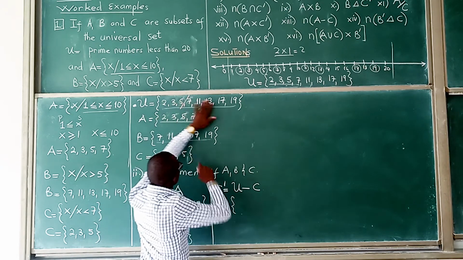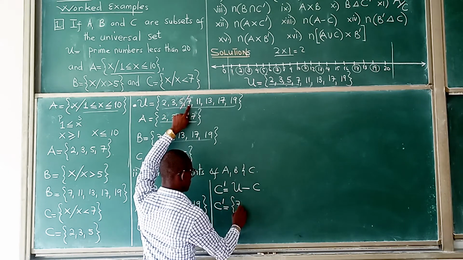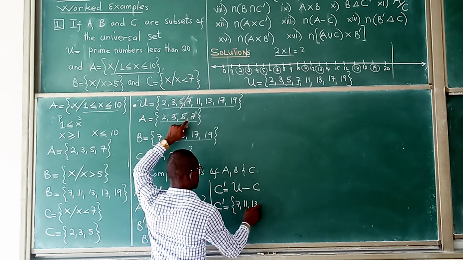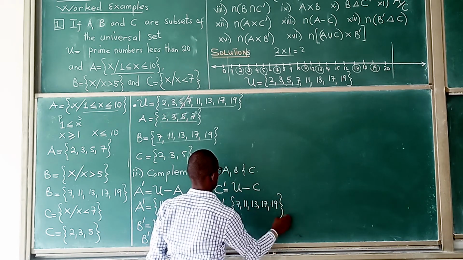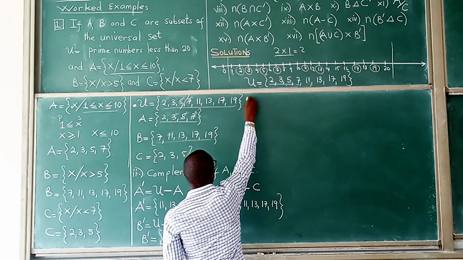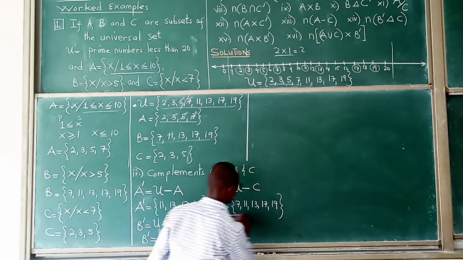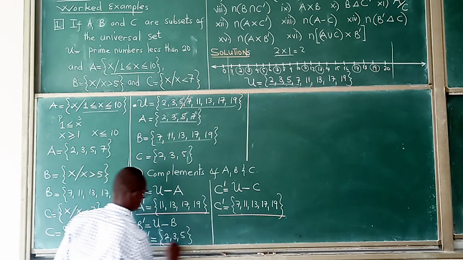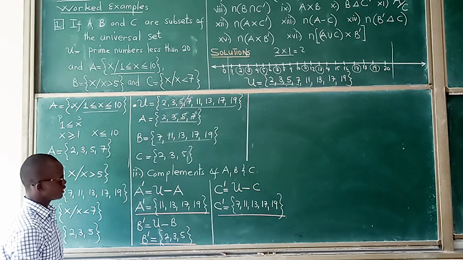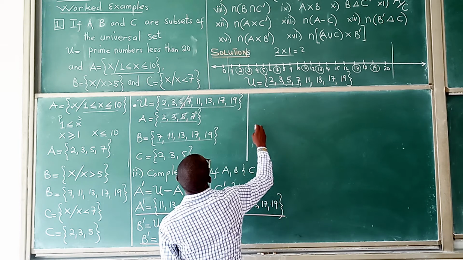The remaining elements are all the complements of C. So the remaining elements are 7, 11, 13, 17, and 19. So these are all of the complements of set A, set B, and set C. So let's take note of them. Okay, so we'll move on to the next one.